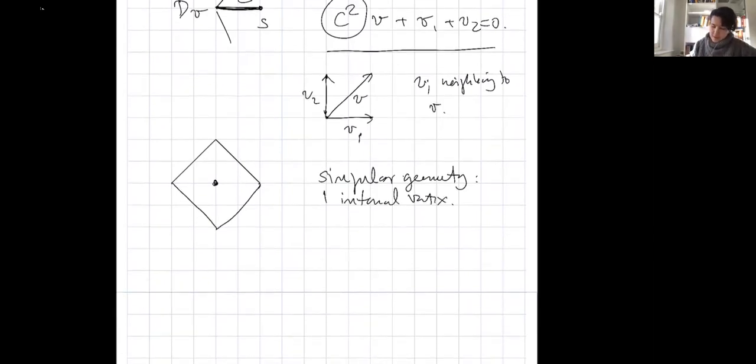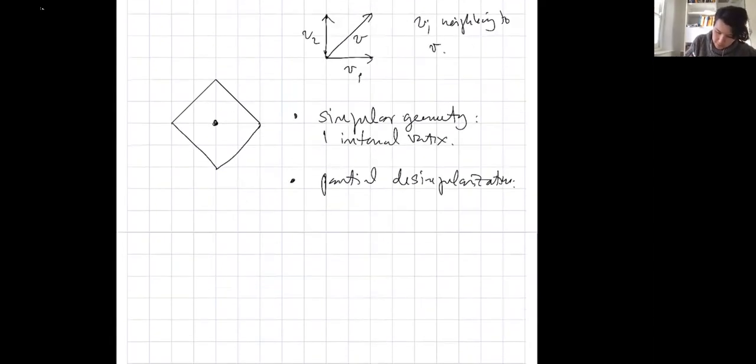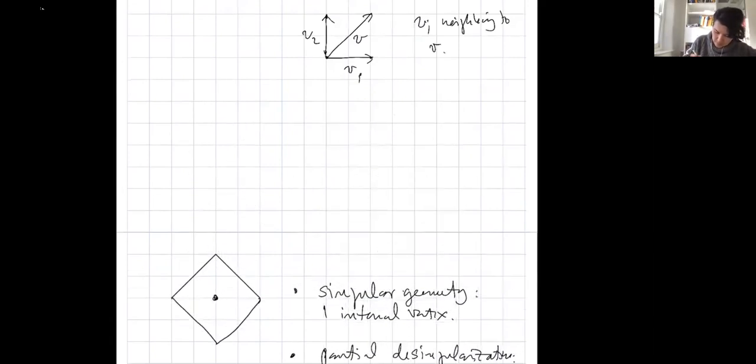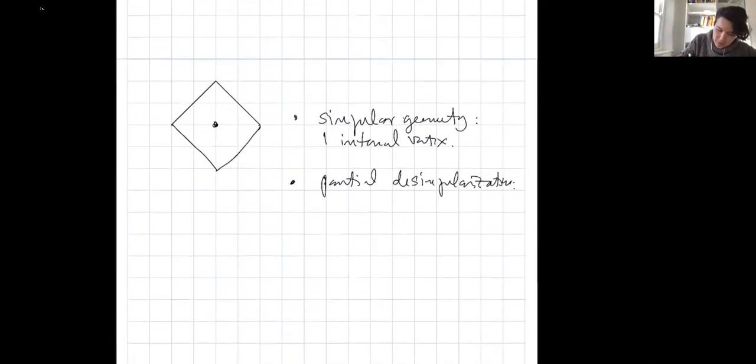And I can now introduce internal lines or curves. So partial desingularization means I now introduce into this diagram, for example, one curve here.